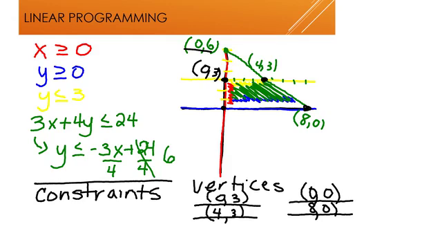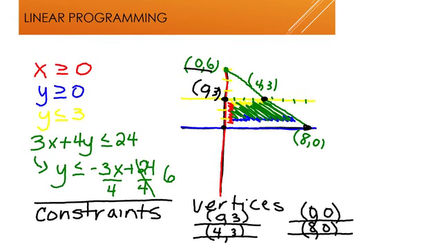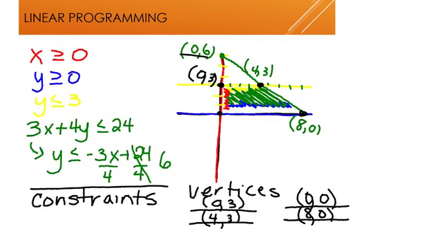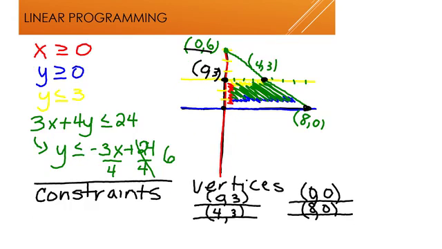Now, for every problem that you get, you're going to get what's called the objective function. Our objective function is P equals 10x plus 2y.